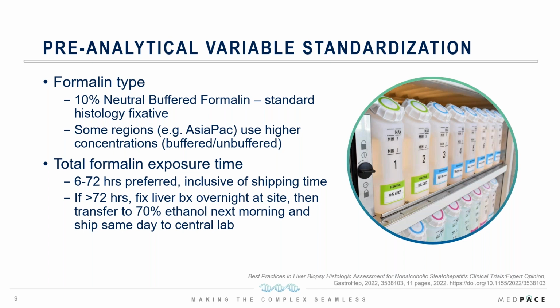There are AI programs that are being developed to actually do the NAS scoring of these liver biopsies. So if artificial intelligence is a thought or may be used in a clinical trial, standardizing these two variables will go a long way in terms of presenting a uniform product to an AI algorithm for its analysis.